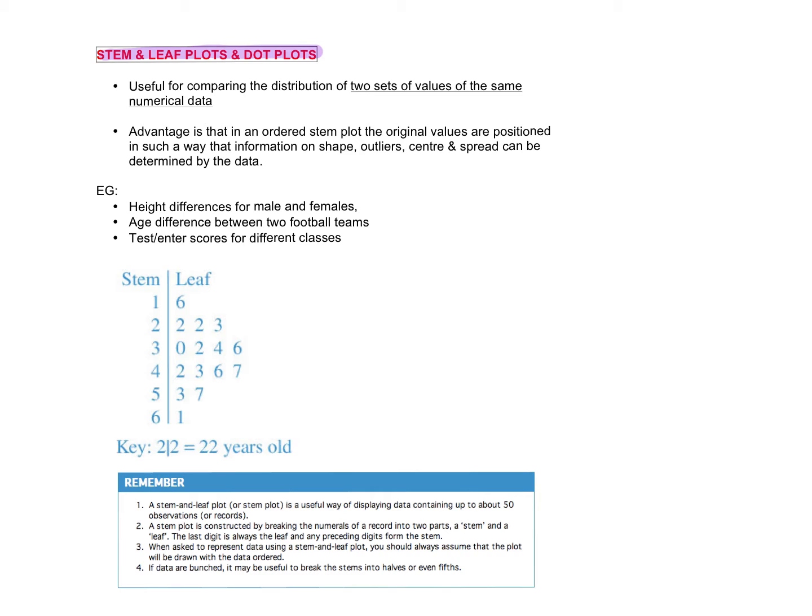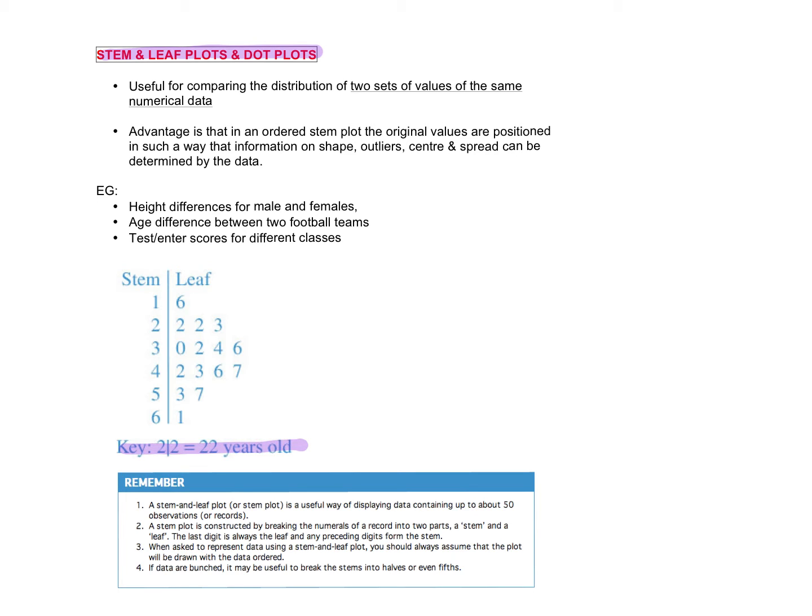So a stem and leaf, what are the advantages? You see the data in an ordered system, and when it's displayed you can see the shape. Down here we've got a stem and leaf of ages, from a group of people. Now, very important, you have to have a key.